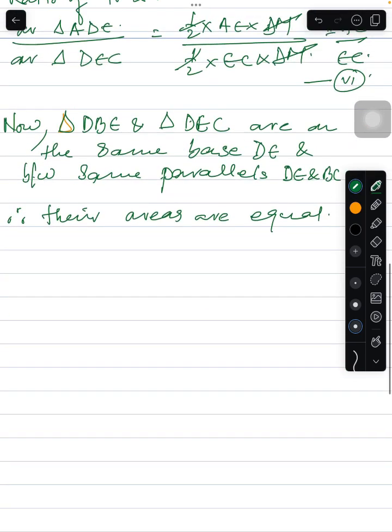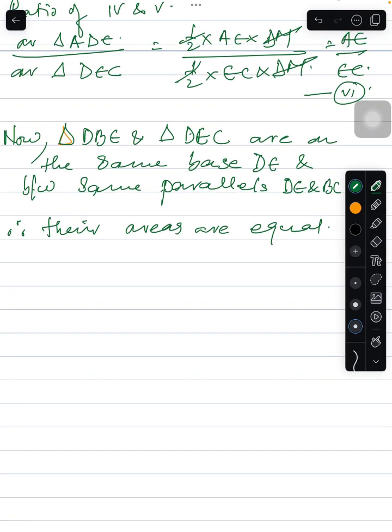These two triangles, therefore their areas are equal, which implies area of triangle DBE is equal to area of triangle DEC.